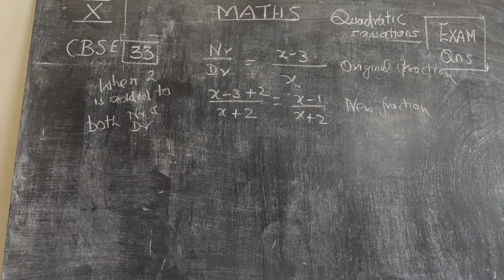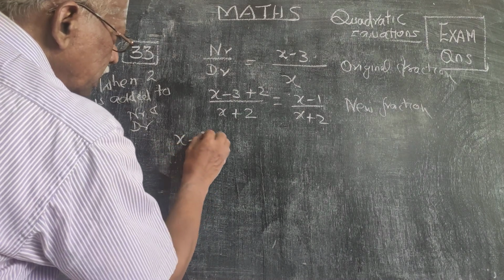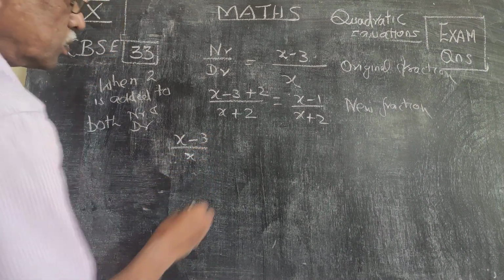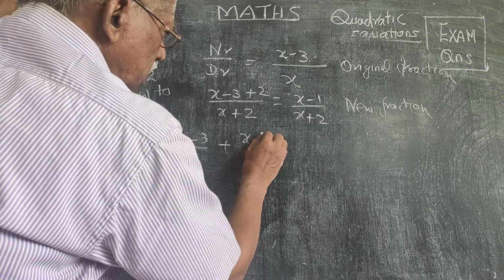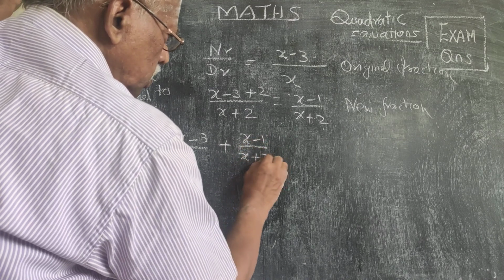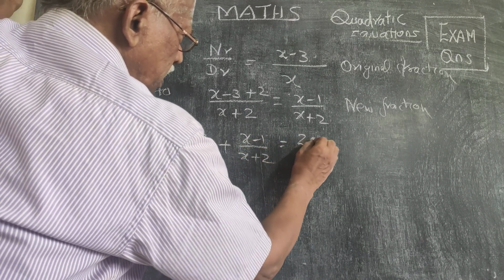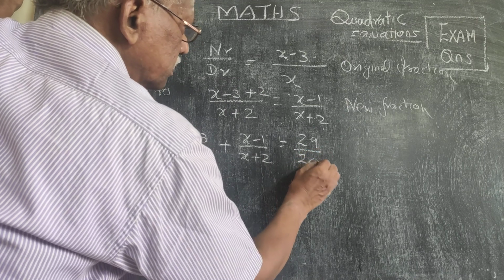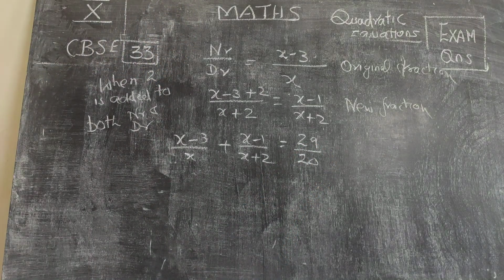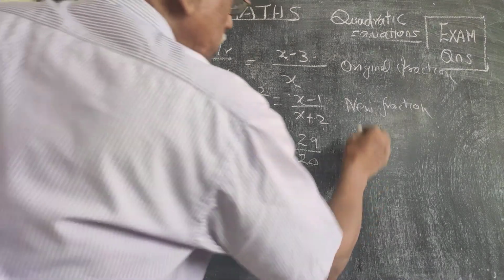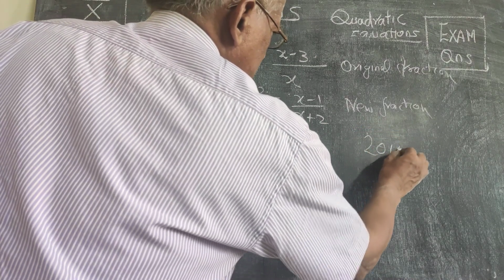Now, adding these two, we get 29 by 20. So, x minus 3 by x plus x minus 1 by x plus 2 is equal to 29 by 20, the sum of the new and old. The problem was asked in 2015.